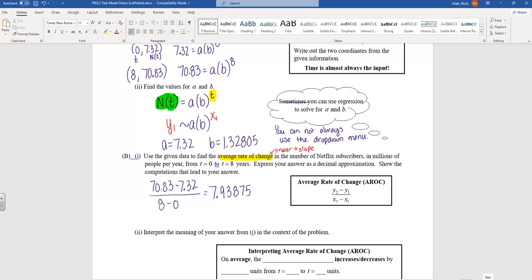Yes? The answer I put down 7.938 instead of 7.939. They'll technically take it. 7.938 is not good rounding, but they will technically take it on the AP exam. So it's not something to get too worried about. It would not be the best practice because you should round that 8 up to a 9 if you're rounding it off.